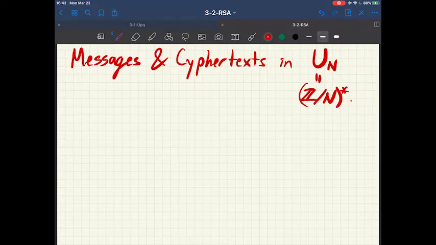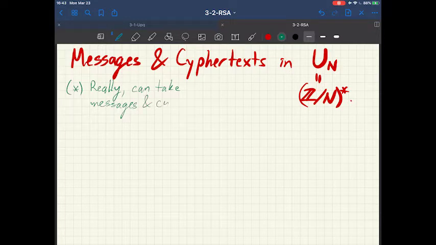And in fact, I'm going to make a quick comment. Actually, you can take messages and ciphertexts in all of Z mod n, and all of this works just fine.